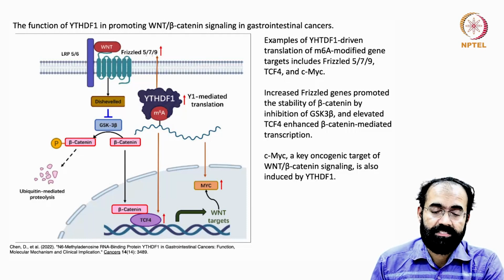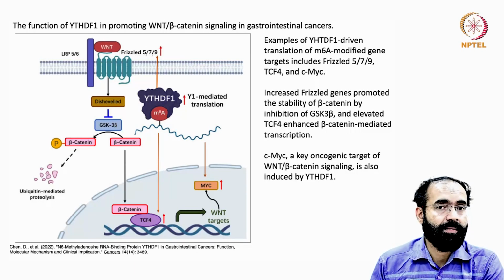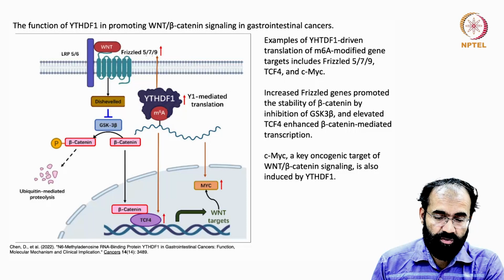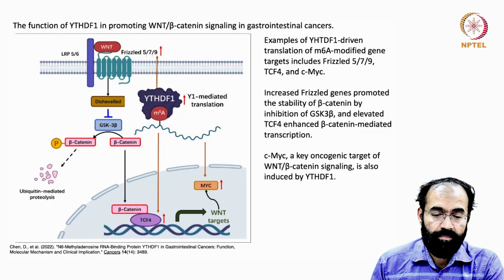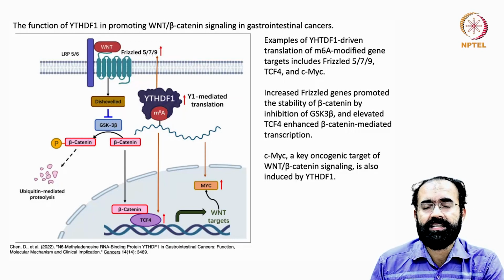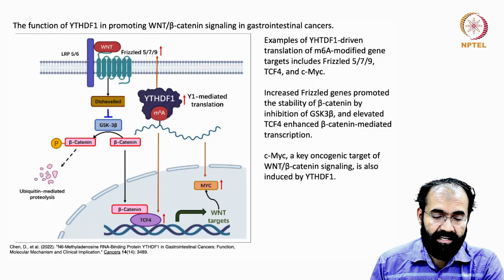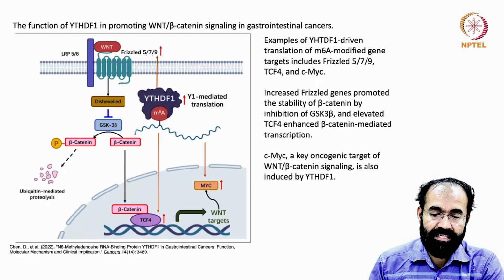And in the cytoplasm, it undergoes this modification m6A, that is methylation of the adenine residue, which will be detected by the YTH domain containing protein. So this YTH will cause an accelerated translation of these Wnt target genes, and they will have more job to play than what usually it is.